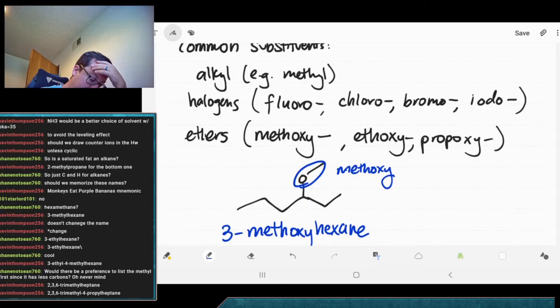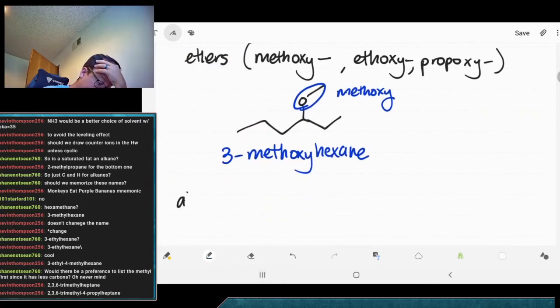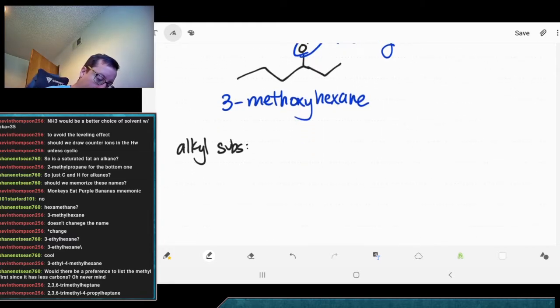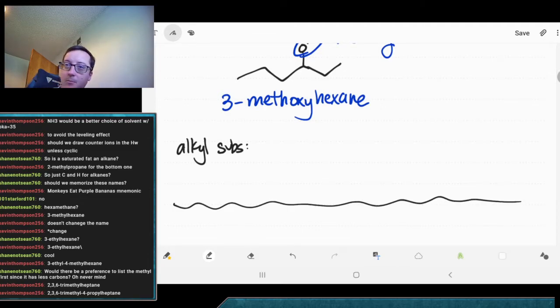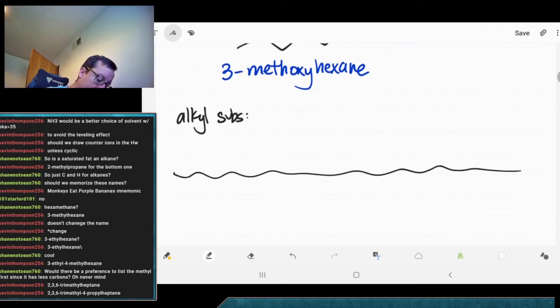If we look at more alkyl substituents that are common. So we saw, here's just some carbon chain, okay, as substituents.